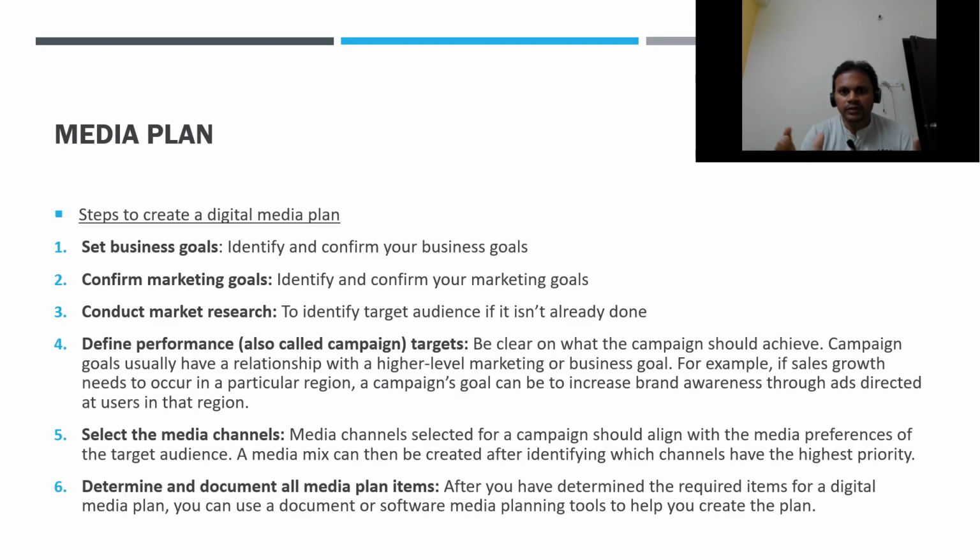So once you have your business goal, then your marketing team will have their own goal, and then you will try to identify your target audience if it hasn't already been done. Let's say you're doing a specific campaign for a completely new segment. Let's say your business organization has launched a new division, and now they want to set a specific target of achieving 20% growth in the business.